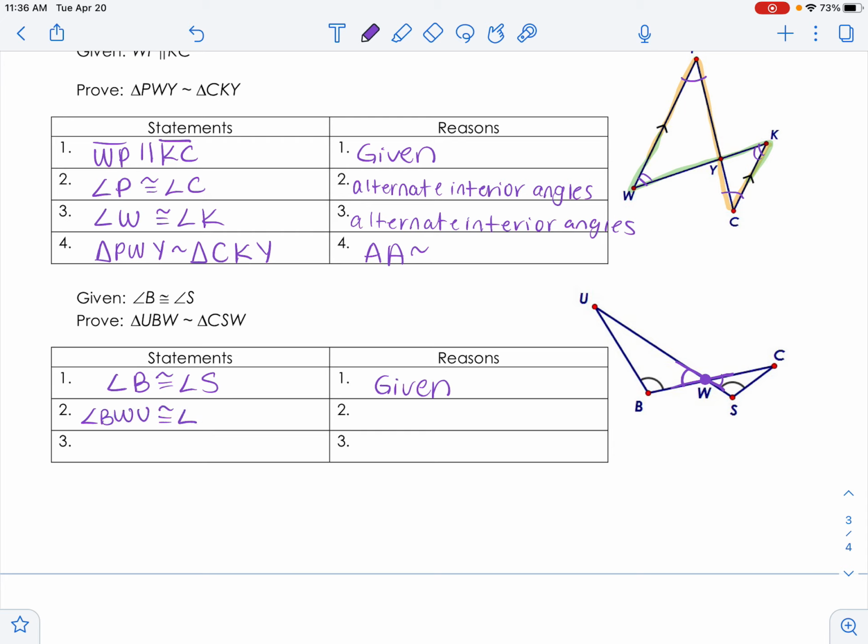Is congruent to angle. On the other side, I'm going to go SWC. Again, so that W's in the center. SWC tells me I want this side of the angle. Instead of up here, down here, over here, it traces the angle for me. So we're going to say angle SWC. The reason being vertical angles.